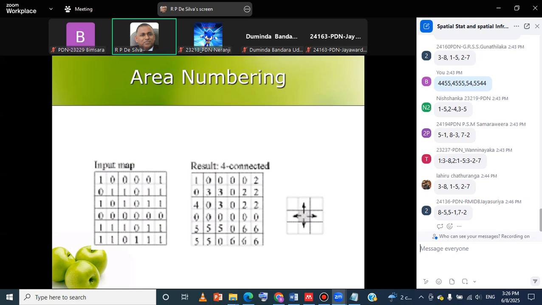Now this is 4-cell connectivity. If you have the input map, the four-way connectivity map is this output map, which shows the individual areas you have.